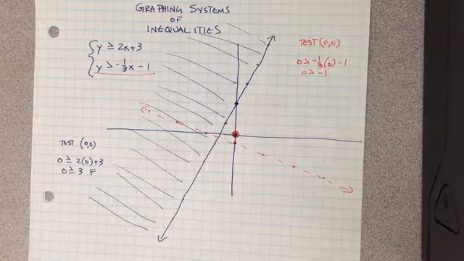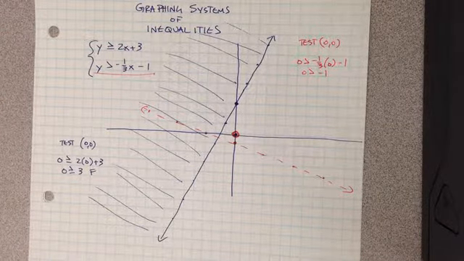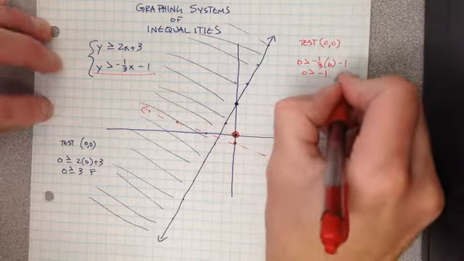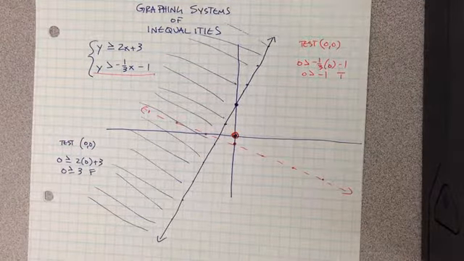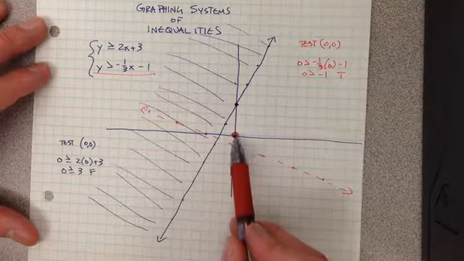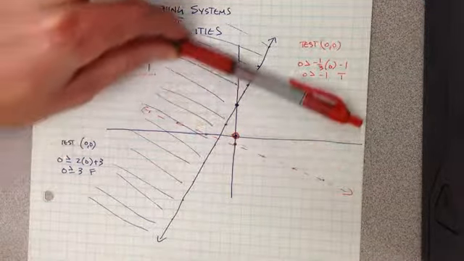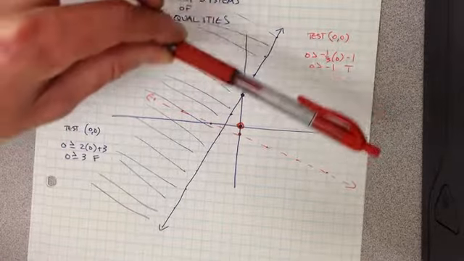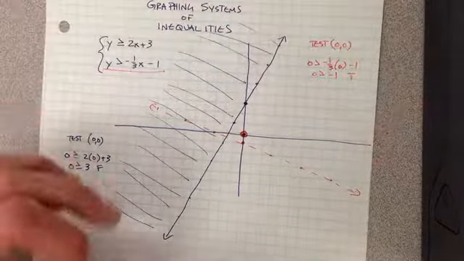Is 0 greater than -1? Yes. 0 is greater than -1. That is true. So this time I'm shading where that test point is, which is on this side of my line. So now I will be shading above.